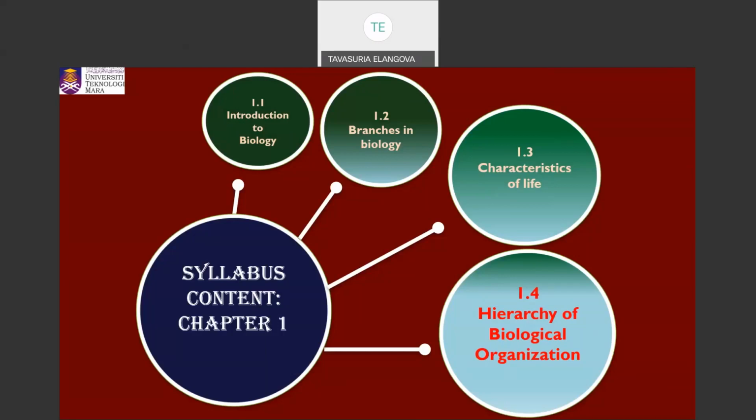Next, the characteristics of life. There are 9 major characteristics. Living organisms are composed of cells which are organized. Second, able to undergo growth and development, able to reproduce, able to respond to the surrounding environment or stimuli. The populations also evolve and adapt to the surrounding environment.